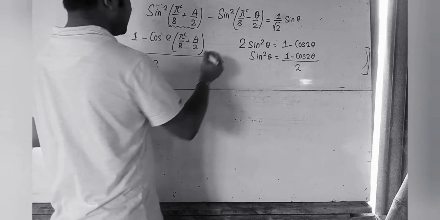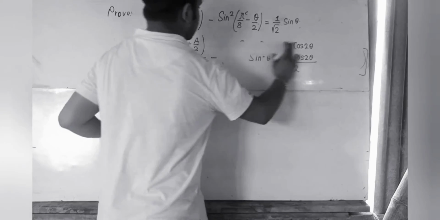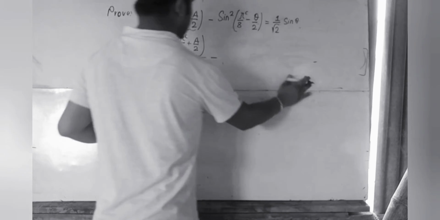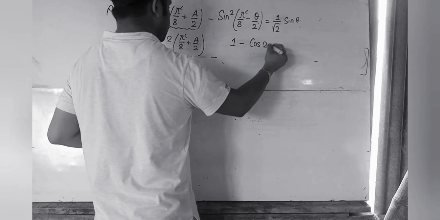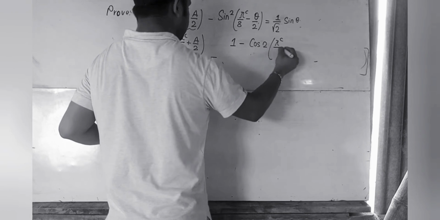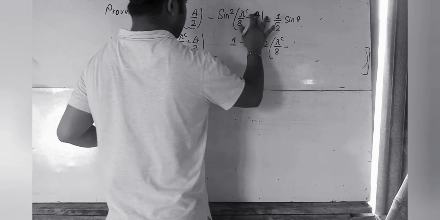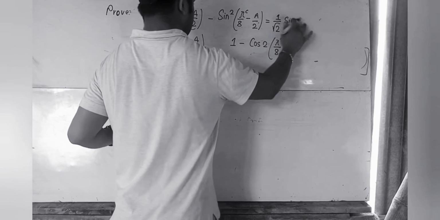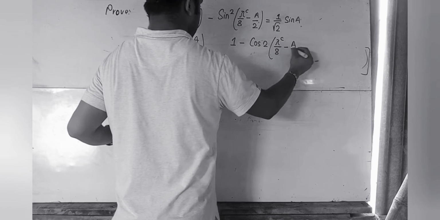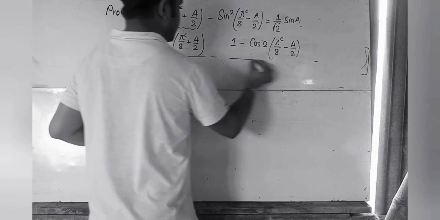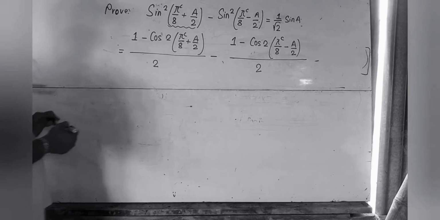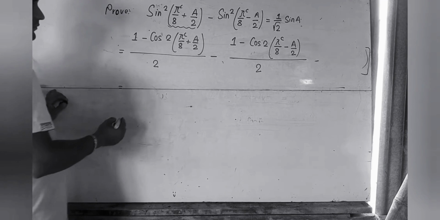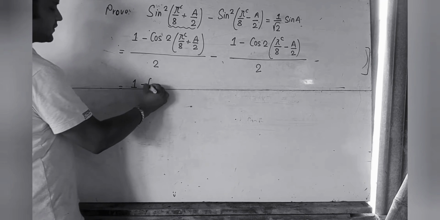Now here you have minus. Now again on the basis of the same formula, sin square theta is 1 minus cos 2 theta by 2. We write here 1 minus cos 2 theta, cos 2 theta by 2. So we wrote here in the form of the formula. Now let us take LCM. 1 minus cos.